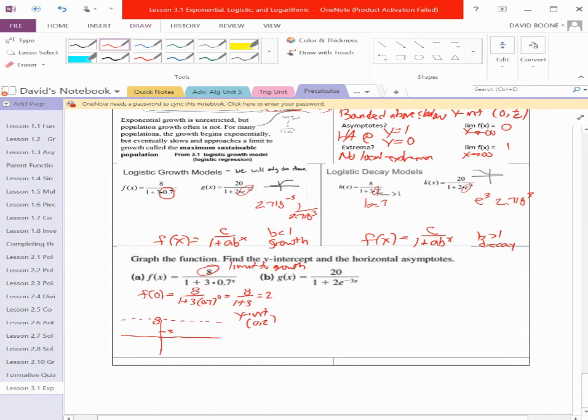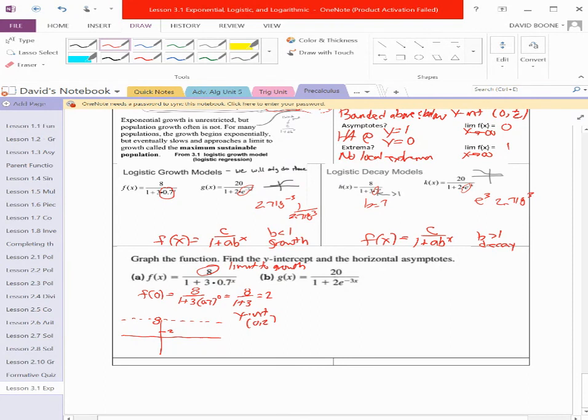So our two horizontal asymptotes, okay, why isn't this writing here? What's going on here? But the horizontal asymptotes here should be at y equals 0 and y equals 8. So I apologize on why that's not writing. I'm not writing right now.